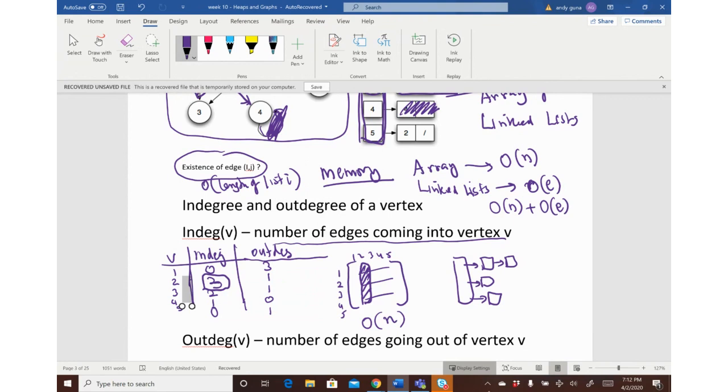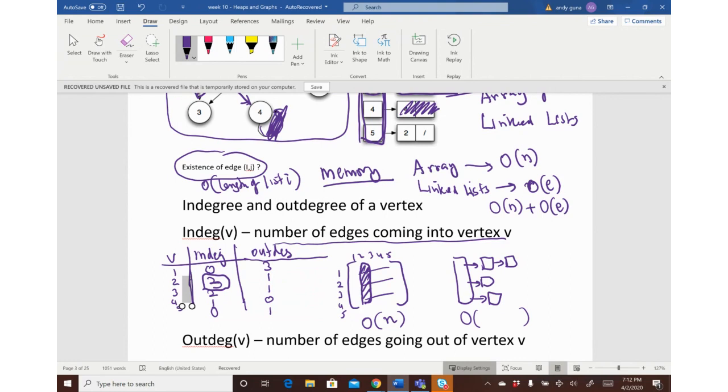What about if you want to find the in-degree using an adjacency list? That means you want to know how many are coming into vertex 2, right? The in-degree is the most important thing.